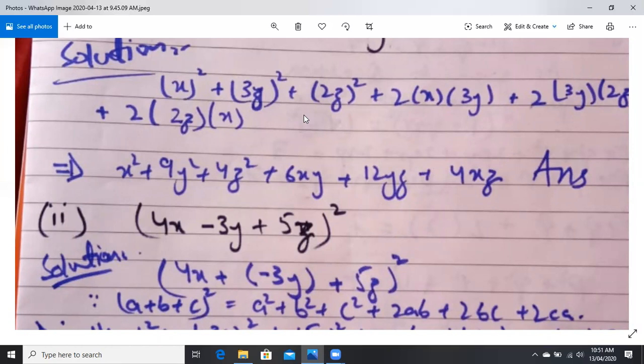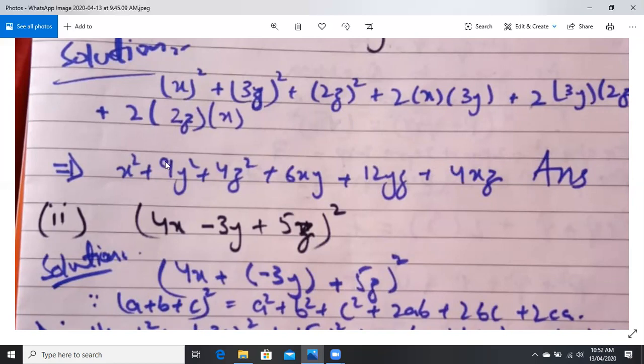So 2 multiplied by 3 because numeric value multiplied by numeric value and variable multiplied by variable. So 2 3s are 6 and x multiplied by y, which is xy. So 6xy plus 2 3s are 6, 6 2s are 12, 12 y multiplied by z, which is yz, plus 2 2s are 4, x multiplied by z, which is xz. So this is the answer.